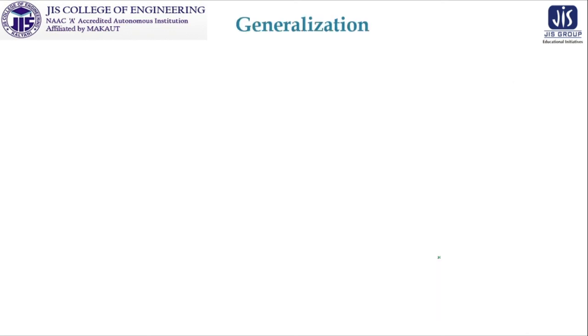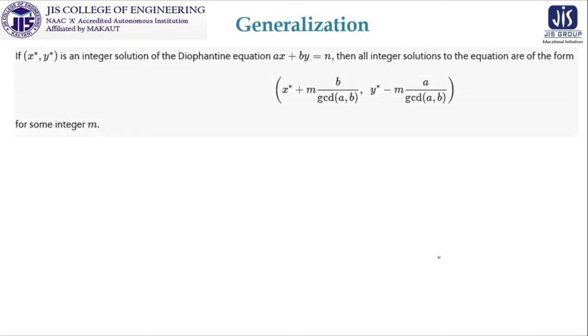So what is the generalization of this? The generalization is that if x star, y star is an integer solution of the Diophantine equation ax plus by equal to n, then first of all our target is to find out the solution for x star and y star for n, because m is given, and obviously if this division is allowed, then only we can do.